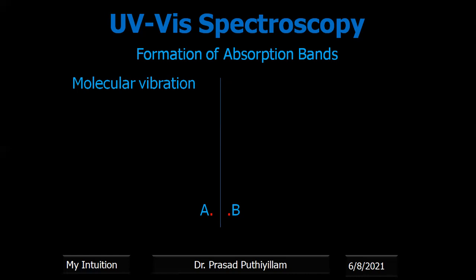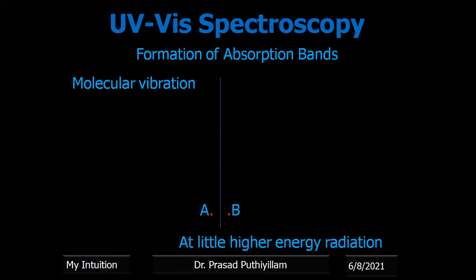When it absorbs UV or visible radiations, even lower energy radiations make vibration possible, which represents a little movement of the atoms away from each other. It is not only the electrons; the atoms with the electrons also absorb some of the radiation and undergo this type of vibrational motion.